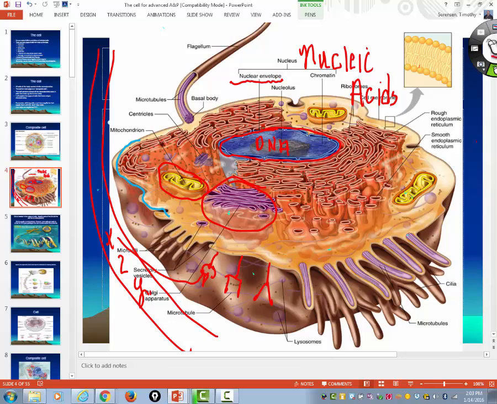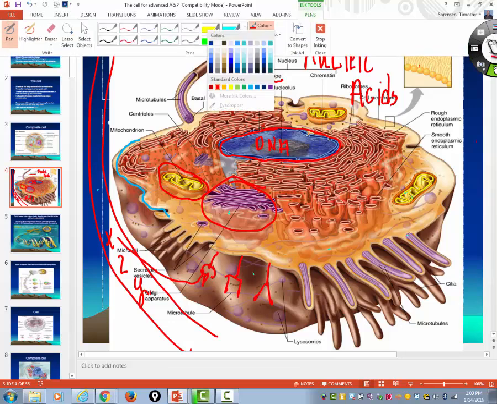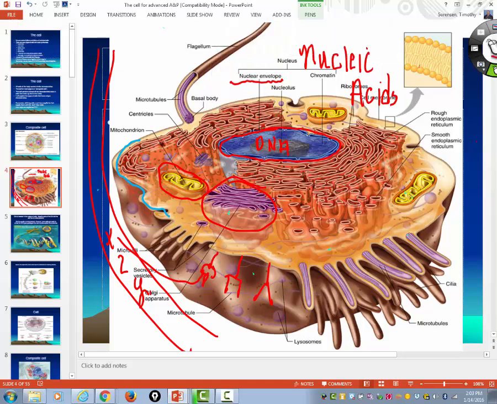What I want you to understand is, remember, what performs all the chemical reactions inside a cell? Enzymes. So the DNA tells your cells how to put together amino acids.